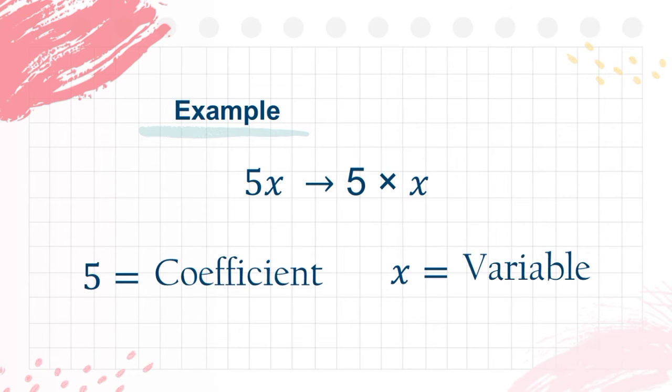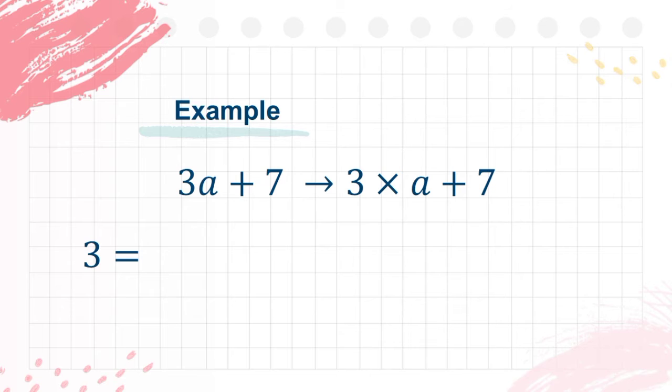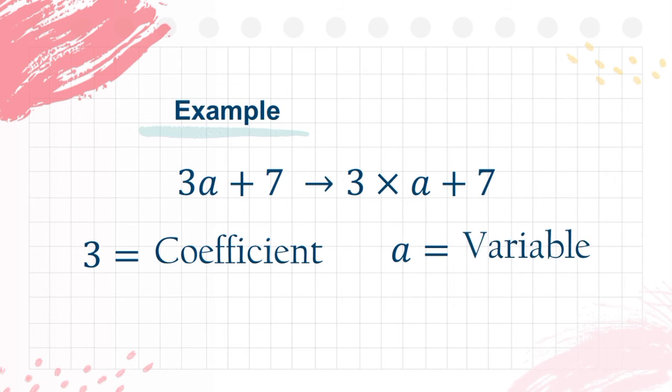The next example is 3a plus 7, which means 3 times a plus 7. We can also see that the number 3 is a coefficient, the alphabet a is a variable, and the number 7 is a constant.